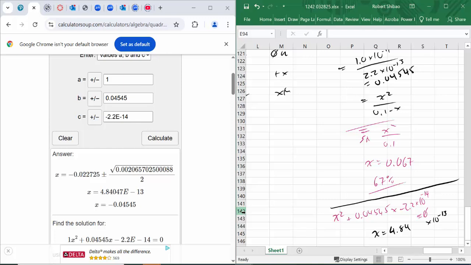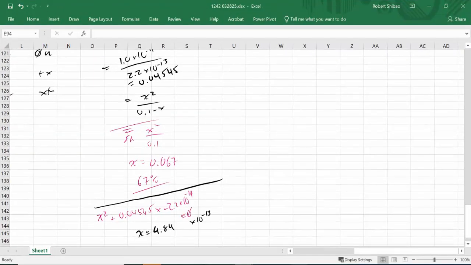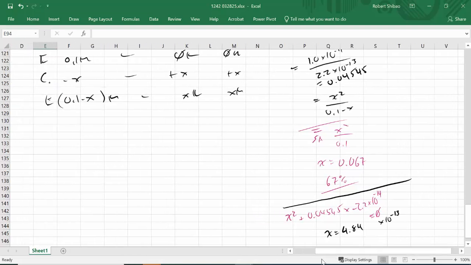I could carry more digits if necessary, but just go with this. 0.11 nines, 0.011 nines, and 5.16.